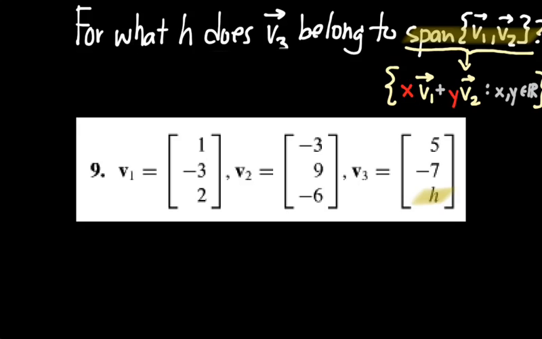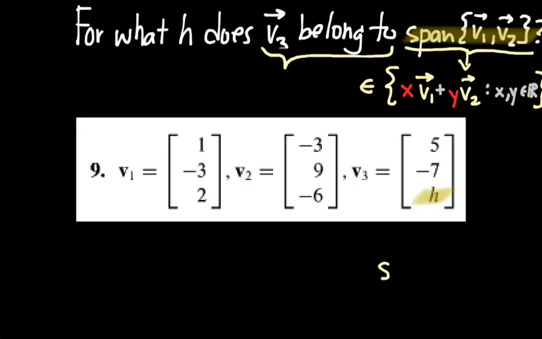And now we just have to ask ourselves, what is the cost of ownership, membership in that span? What does it mean for one vector to belong to the span? If the span is a set of all linear combinations of V1 and V2, then what does it mean for a third vector V3 to belong to that span? How would we know if V3 belonged to this span, was an element of this set? I'm going to write it again in English down here on the bottom.